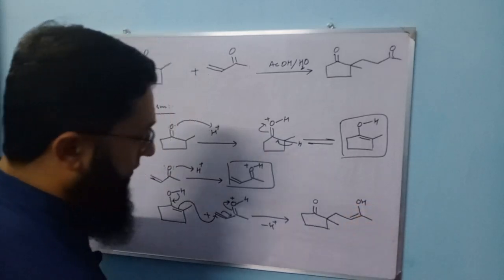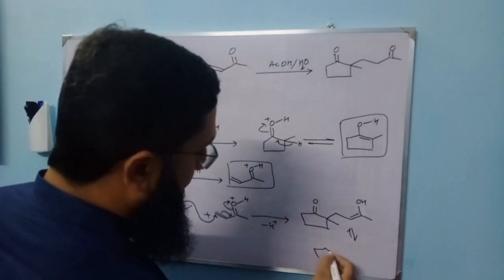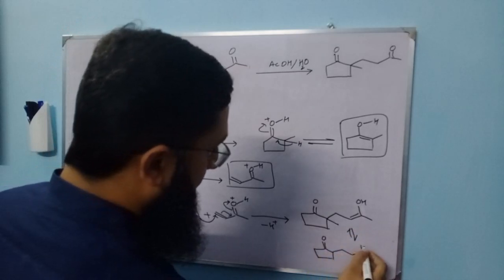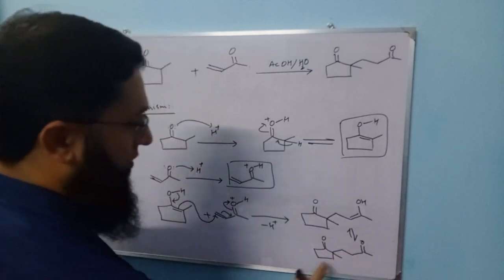We get this, and this can also convert into the corresponding ketone because of tautomerization. So this is the product.